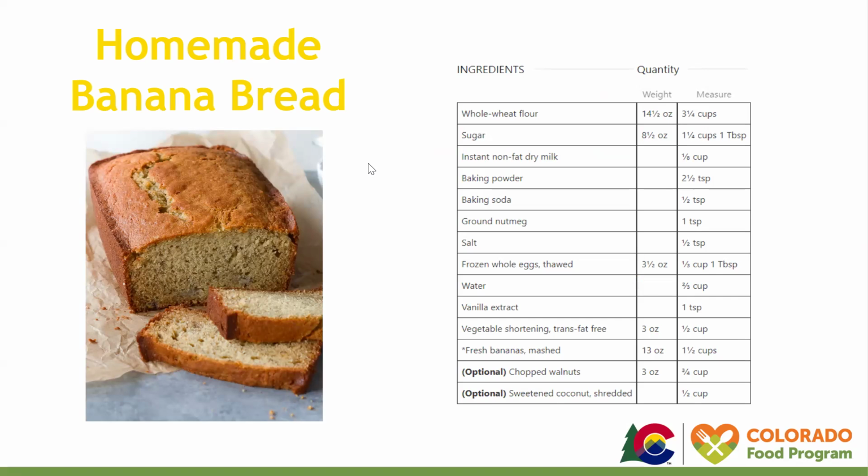And we're going to look through the rest of the recipe to see if there's any other grains listed. And there's not. The other ingredients are sugar, non-fat milk, baking powder, baking soda, eggs, water, spices. So there's no other grains. That would mean 100% of the grains in this bread are whole grain because it says whole wheat flour.